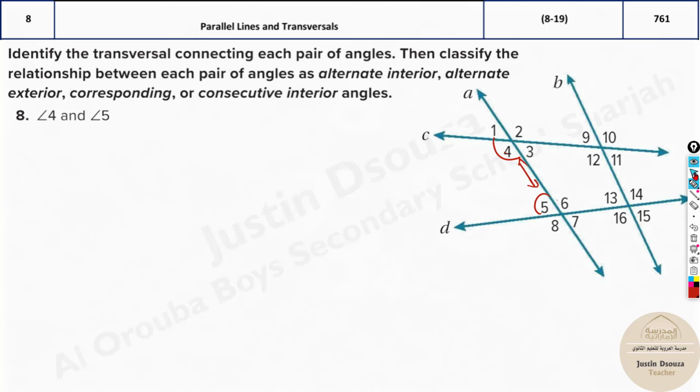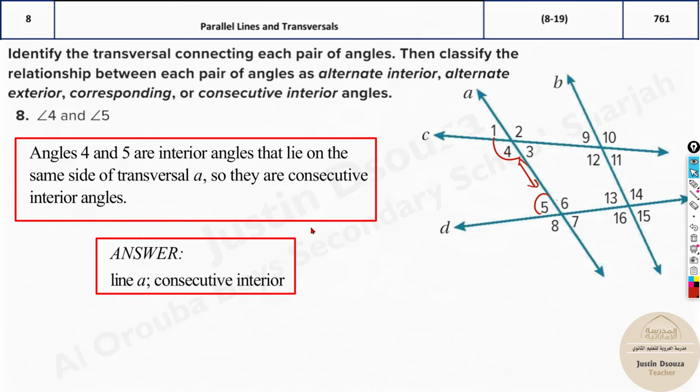Consecutive means continuous, like consecutive numbers or consecutive integers after 1, 2, 3. So after 4 is 5, right? So the answer is, first, the transversal is line A, and they are consecutive interior angles. That's it. Now 1 and 8 would be consecutive exterior angles.